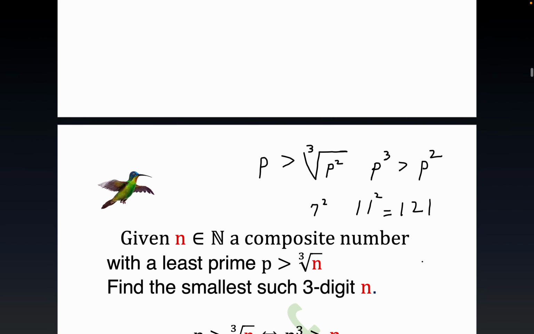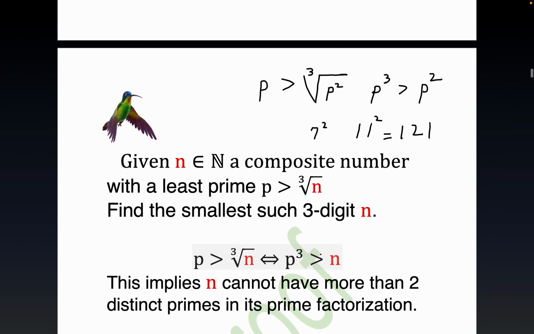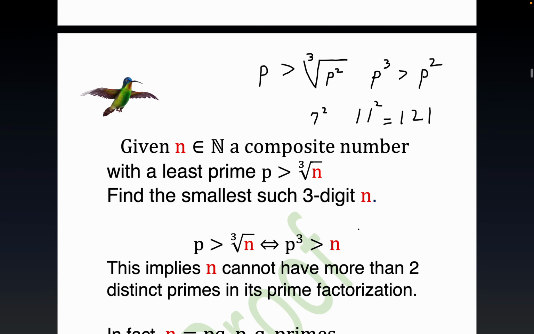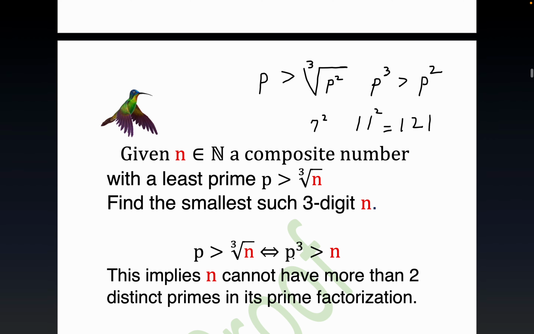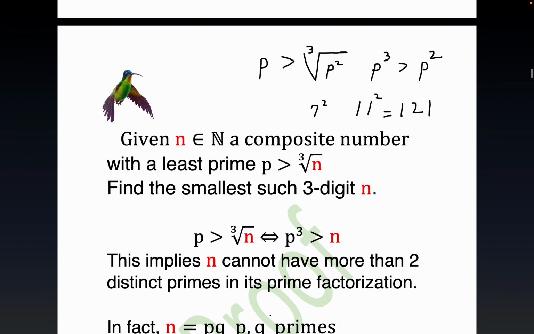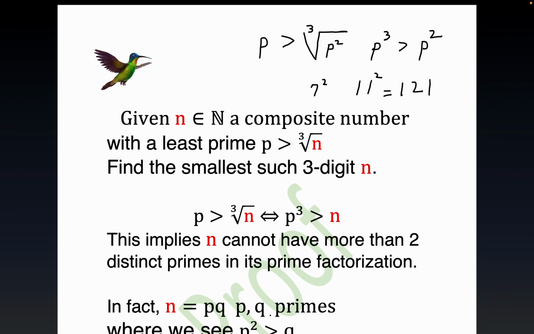So let's move along. This is what I just said right here, more or less, the generalized notion of what we did up here. Now, this statement actually means that n cannot have more than 2 distinct primes.